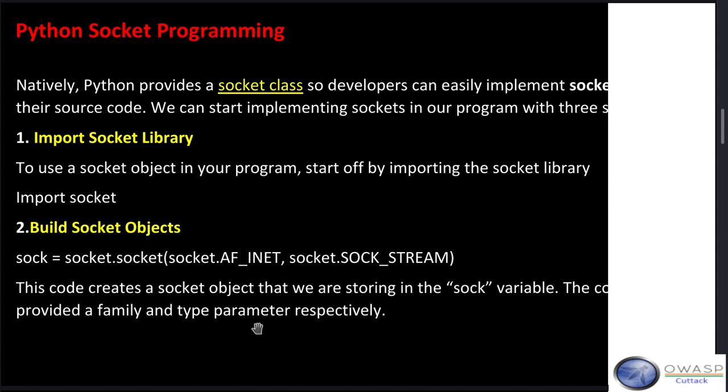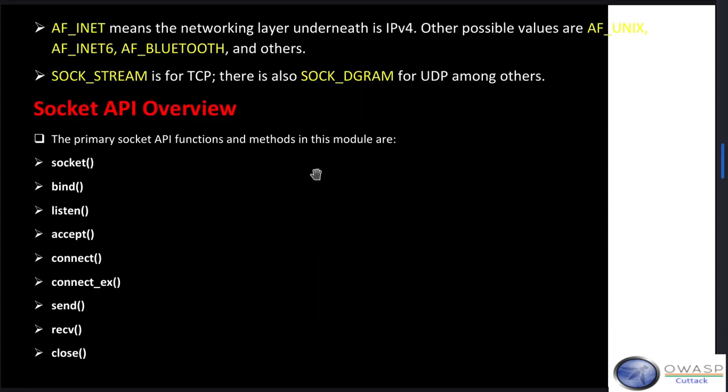This code creates a socket object that we are storing in a sock variable. The constructor provides a family and type parameter respectively. The family is IP version 4 address and the type parameter is TCP connection. AF_INET means the networking layer underneath is IP version 4.